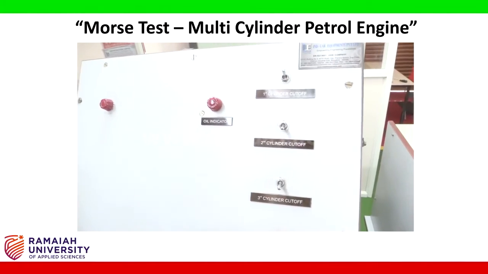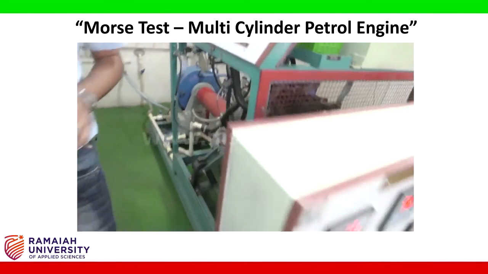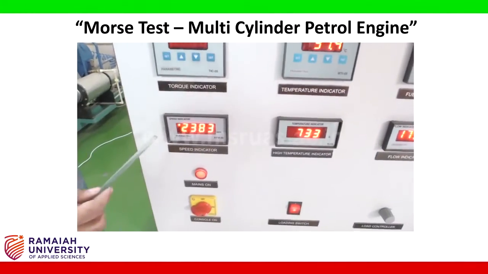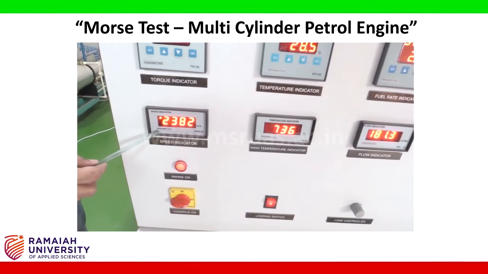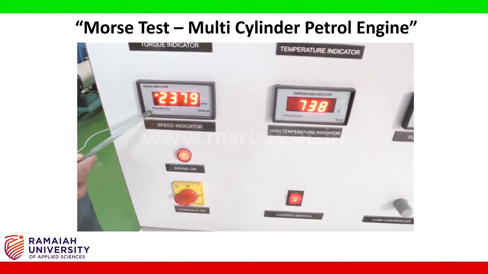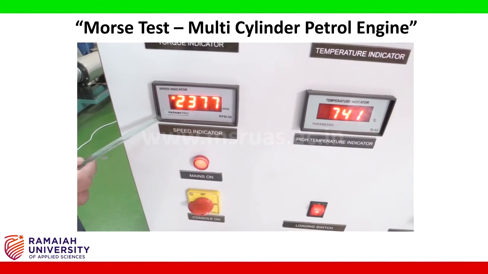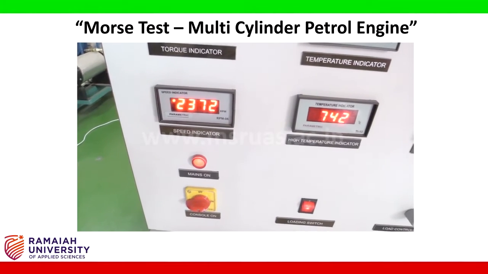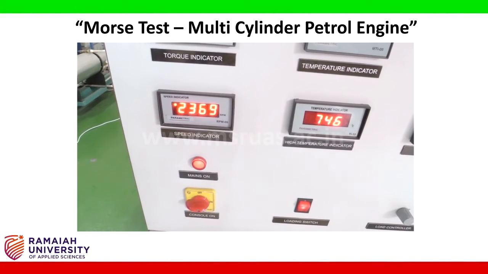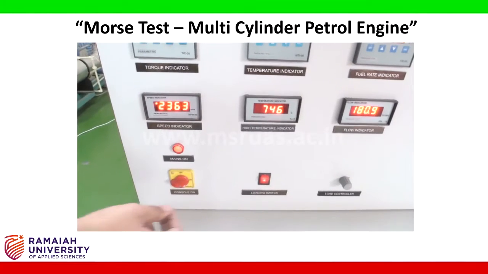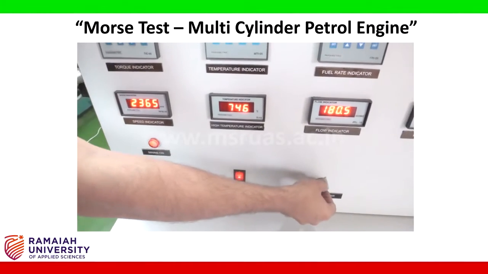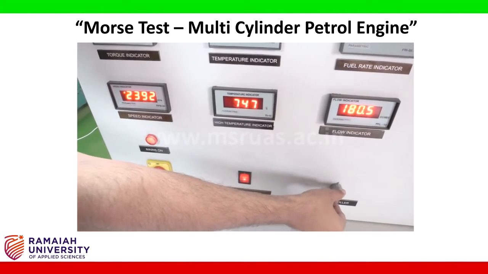After cutting off the cylinder, come back to your control unit here. Now you have to check the RPM of the engine. In this case, the RPM of the engine is reduced to 2400 RPM. So now we have to adjust the load to increase the RPM to 2700. For that purpose, I am going to reduce the load here.